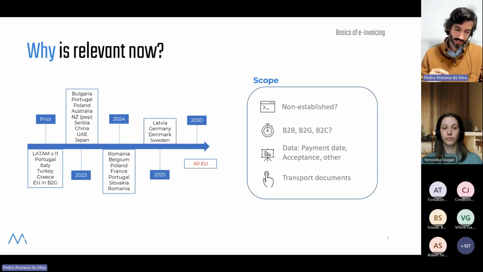That caveat is they do not have to issue electronic invoices on B2B transactions in most countries where they only have a VAT number. But all these countries are requiring these non-established VAT numbers to do real-time reporting of their transactions to the systems.